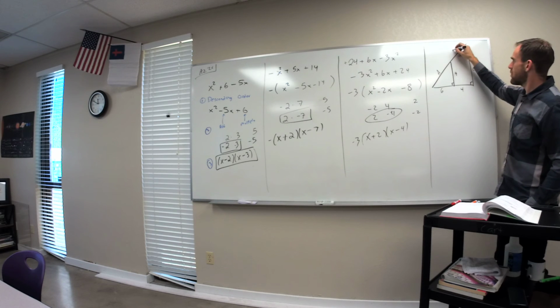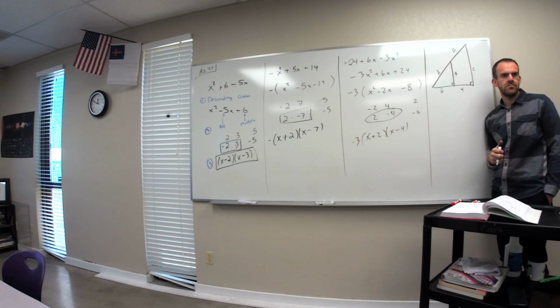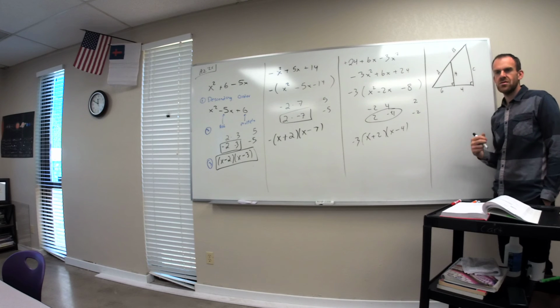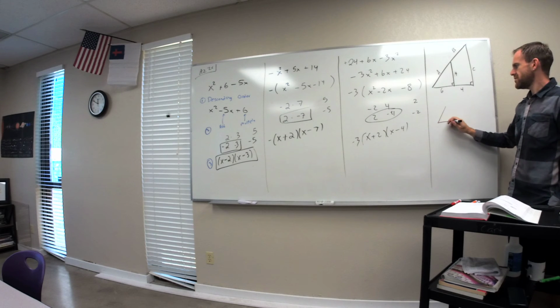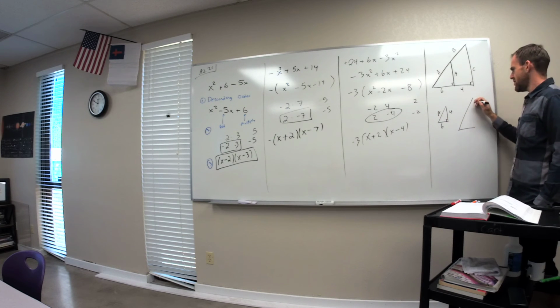Okay, first step, like triangles, the two triangles except Pythagorean. Draw the two triangles first. Draw them separately.